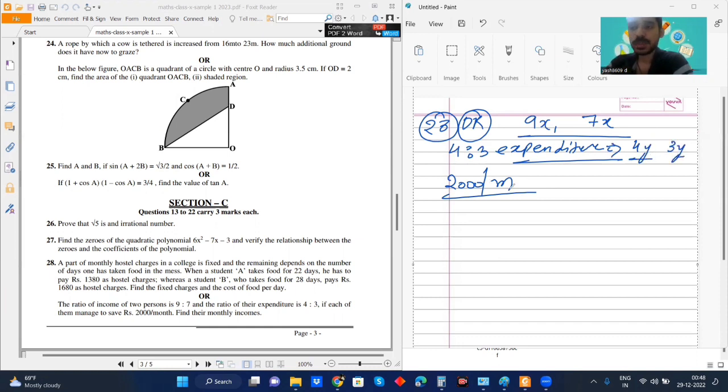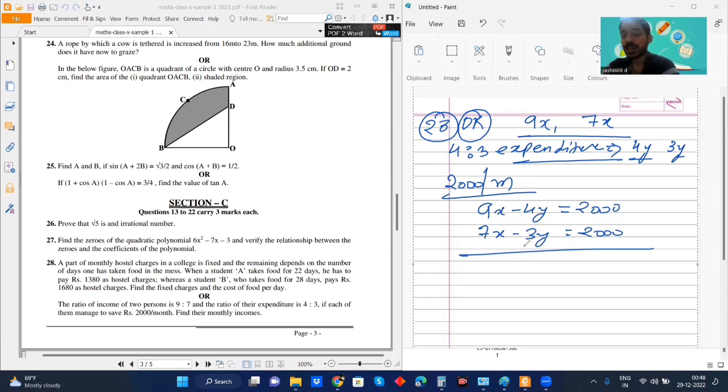So income minus expenditure is saving. So income of first minus expenditure of first is equal to saving. Similarly, income of second minus expenditure of second is equal to monthly saving. I have got two equations. Now I have to solve them. So to solve this, I will multiply the first equation by 3, second equation by 4.